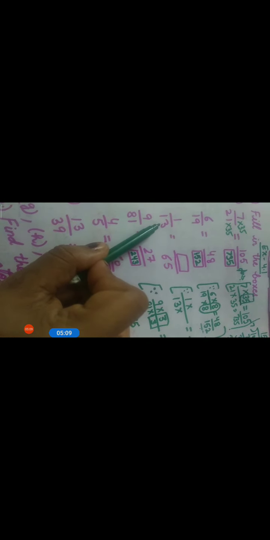Similarly, now we have a box in the numerator. So we need to find out with which number we should multiply 13 to have 65. So we can divide 65 by 13.